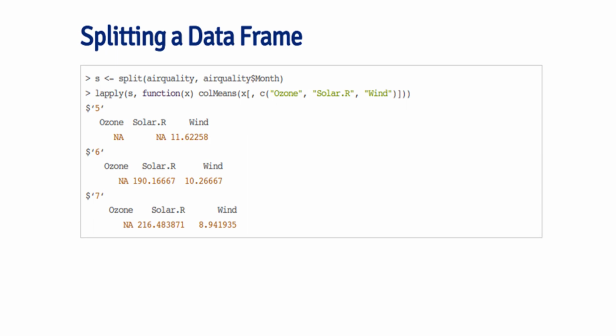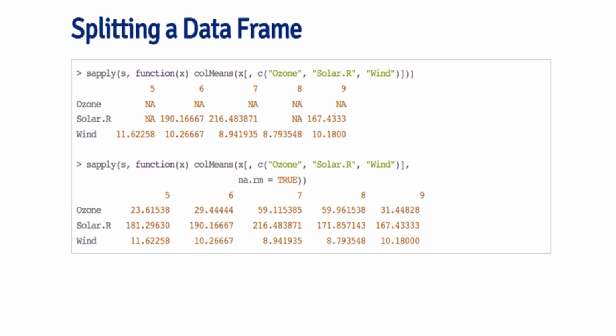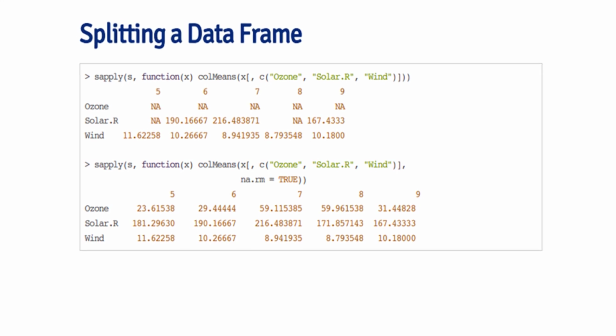As you can see, for most of the months the ozone value is NA, and that's because when I take the mean of that column there are missing values, and I can't take the mean if there are missing values, so I just get a missing value back. One thing I can do is fix this. But before I fix the missing value problem, I can also use sapply here.